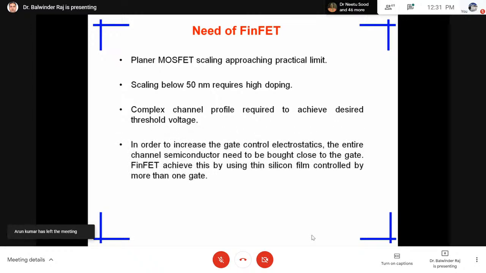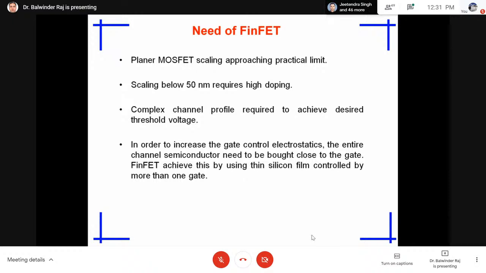Then in order to increase the gate control, in the FinFET we can use the silicon fin with more than one gate. Here I have given an example of a double gate FinFET, but we can even go for a triple gate FinFET, quadruple gate FinFET.